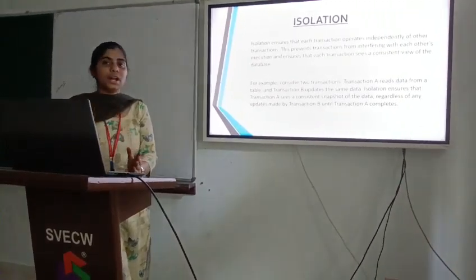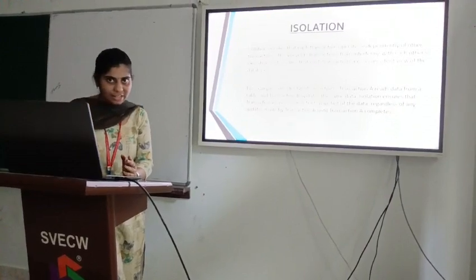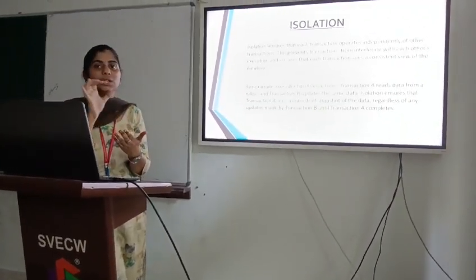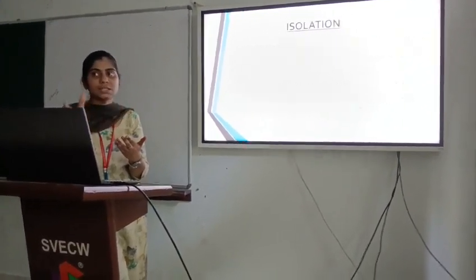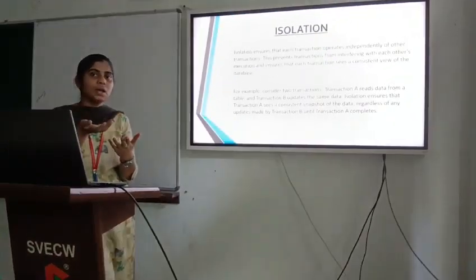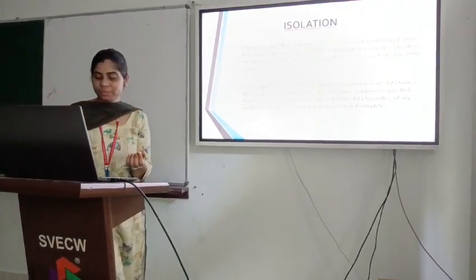Even though transaction B updates the data that transaction A is using, transaction A contains only the consistent snapshot, because no updated value is inserted into transaction A. The main purpose of isolation is independent transactions.